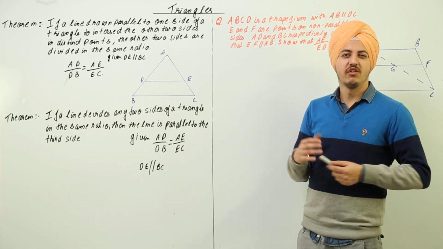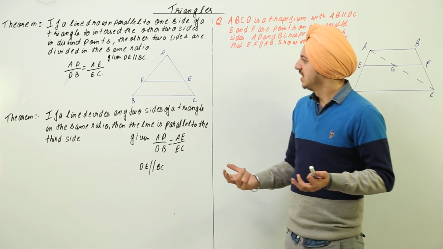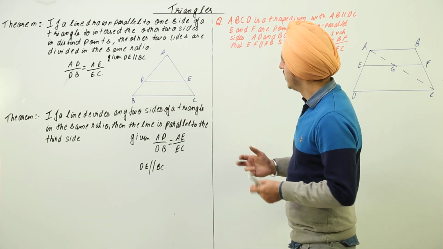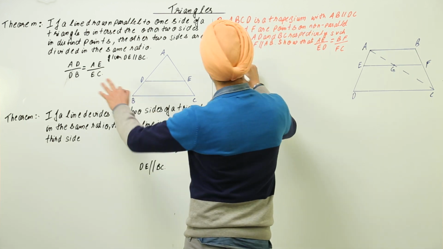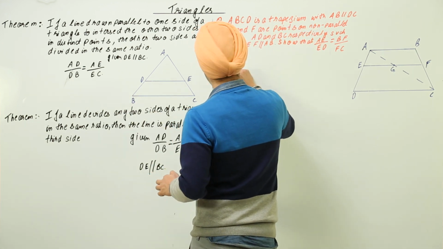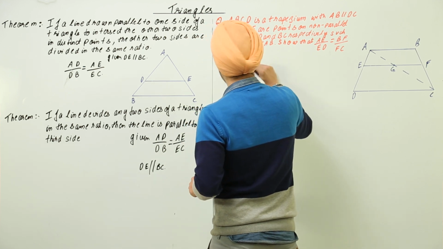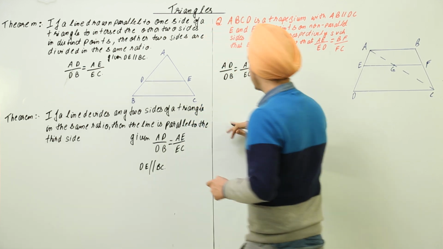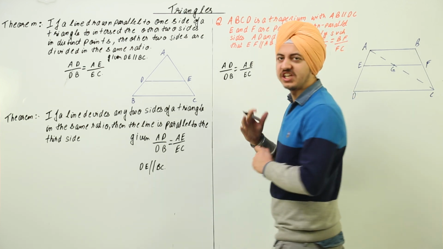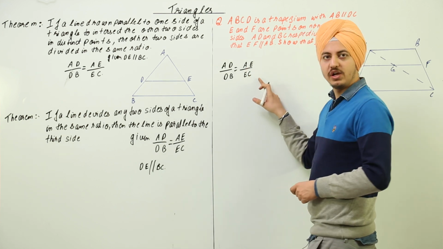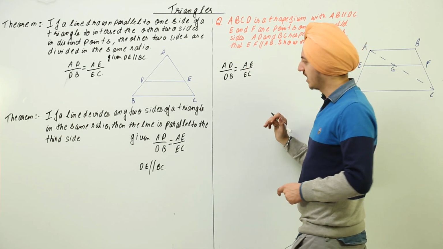Now using these theorems we will pursue a few questions. First of all, the very basic question: if DE is parallel to BC, then we already know that AD upon DB is equal to AE upon EC, correct? Now with this I'll take you to another result using this only. If AD upon DB is equal to AE upon EC, I'll take the reciprocal of both.